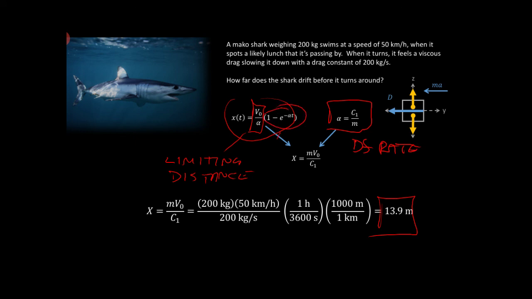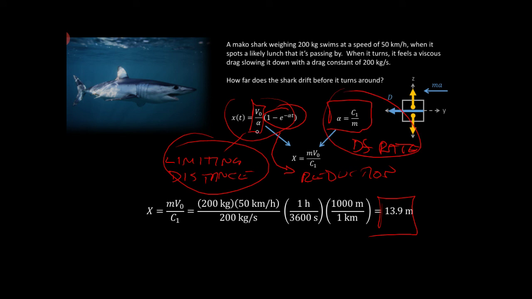This guy here was the actual reduction. So we took the limiting distance, which is what we cared about, and added in the definition for this alpha, which we weren't given, but we were given two things that were related to it, right?